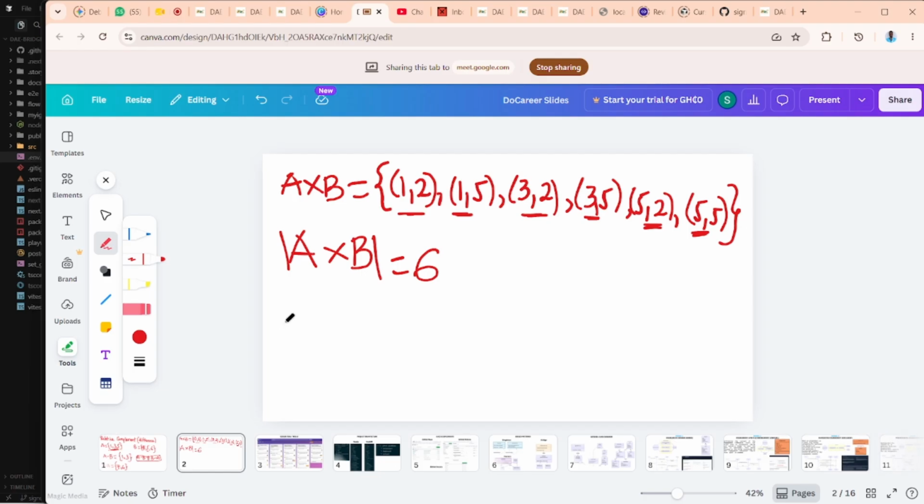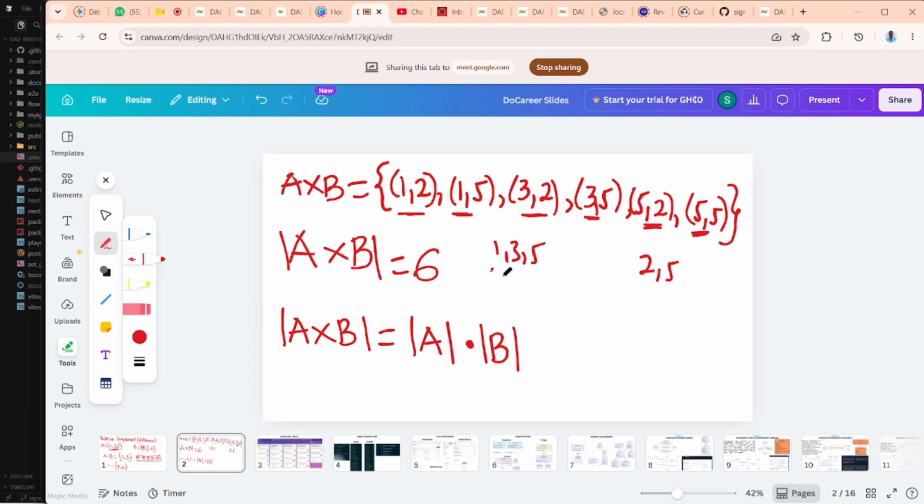But we have to note that the magnitude, or the size, or the cardinality of A cross B is equal to the cardinality of A times the cardinality of B. You get the same answer. So assume they give you something very long and you have to find the cardinality of A cross B. You just multiply. A was 1, 3, 5 and the other one was 2, 5.